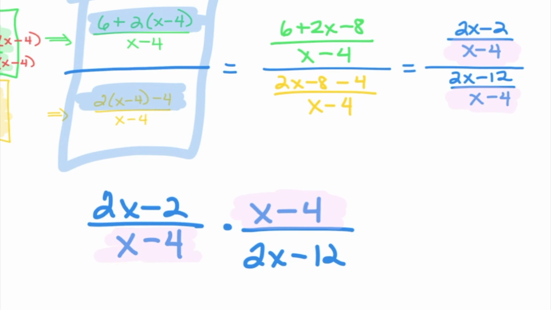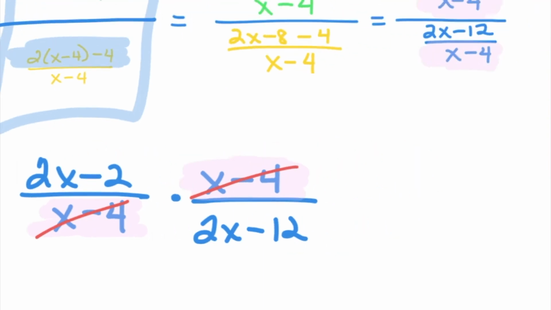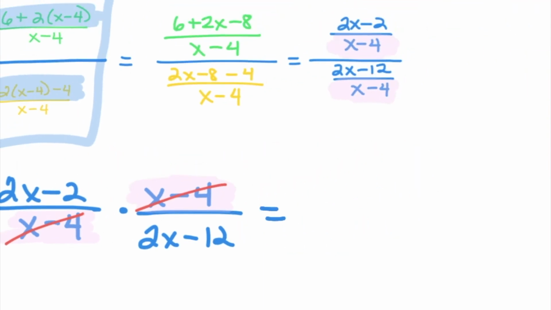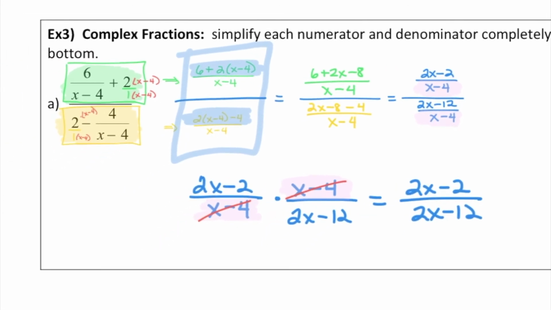And so this x minus 4 and this x minus 4 cancel. So now you have 2x minus 2 over 2x minus 12. Now, we're not done yet.